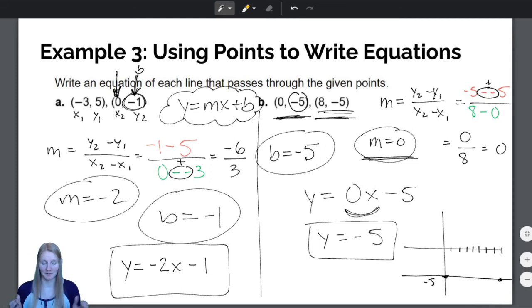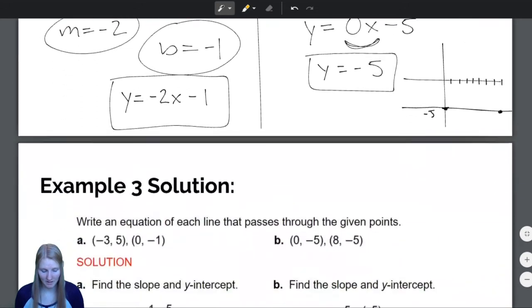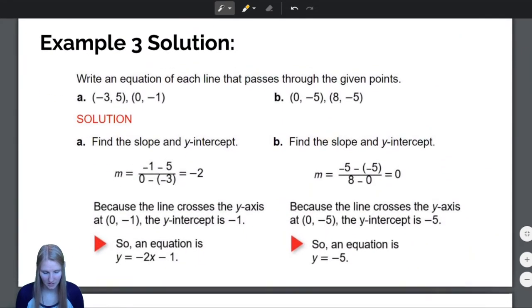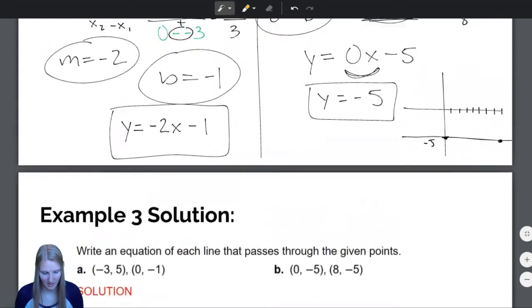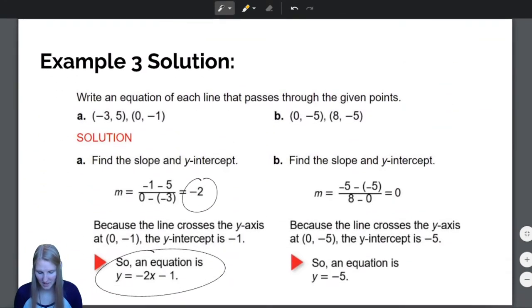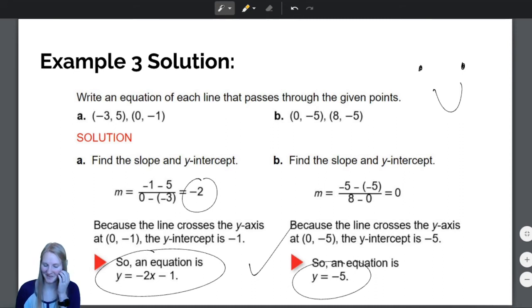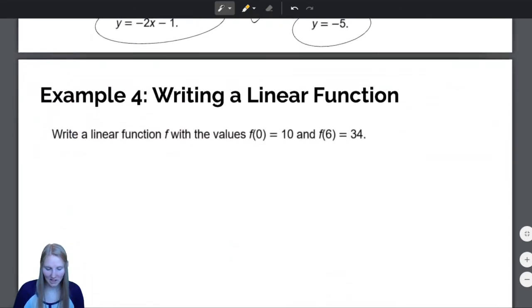Okay, cool. Let's check and make sure that we were right. Slope is -2, -2x minus 1, and y equals -5. Awesome. That's exactly what we had. So we are correct.